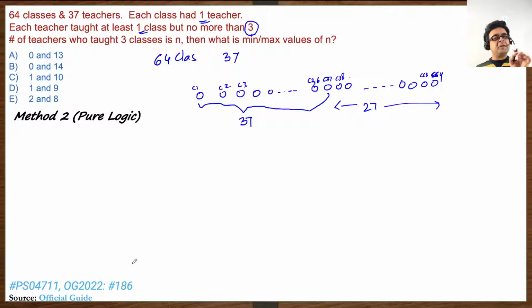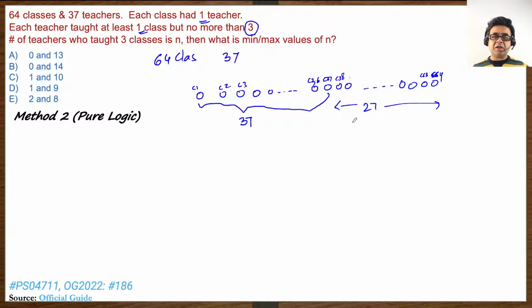To find the minimum number of n, which is the number of teachers that teach 3 classes, let's just maximize the number of teachers who are teaching 2 classes only. So they won't get a 3rd class. So if we maximize the number of teachers that teach 2 classes, the number of teachers who get 3 classes would be the minimum, right?